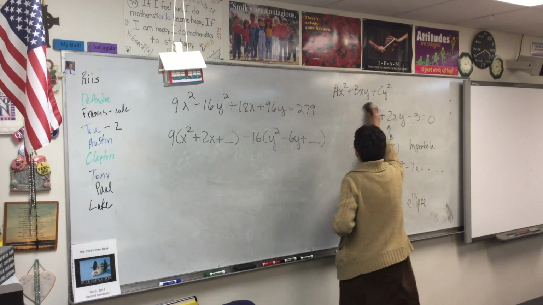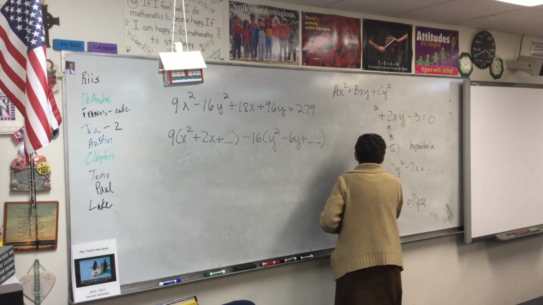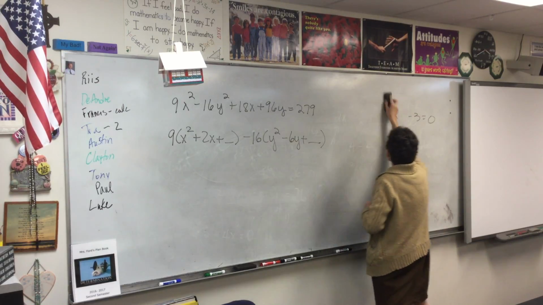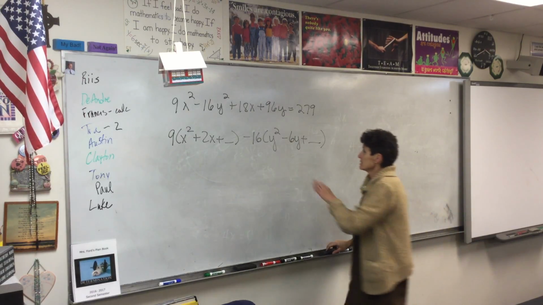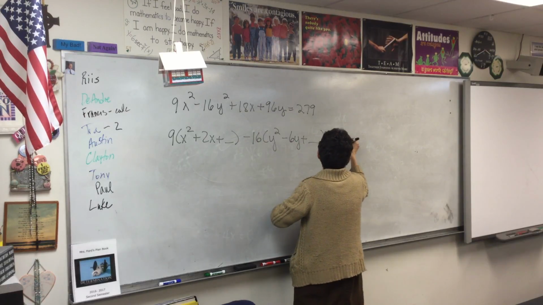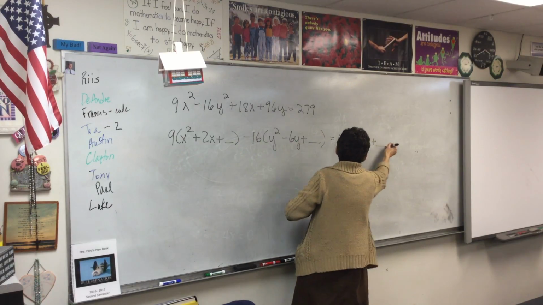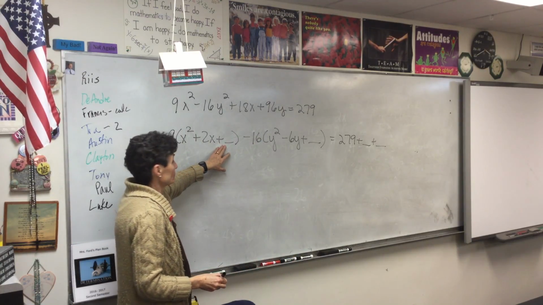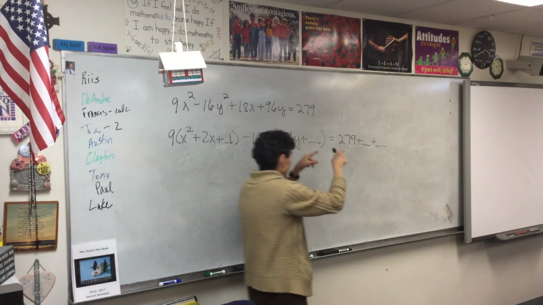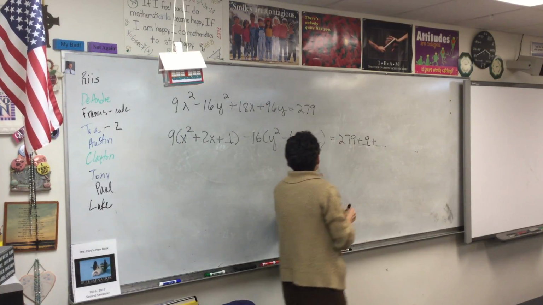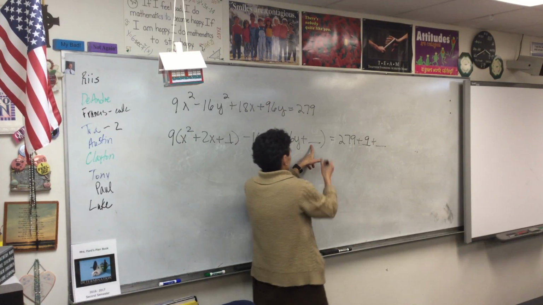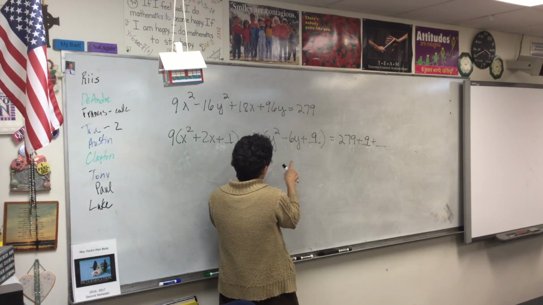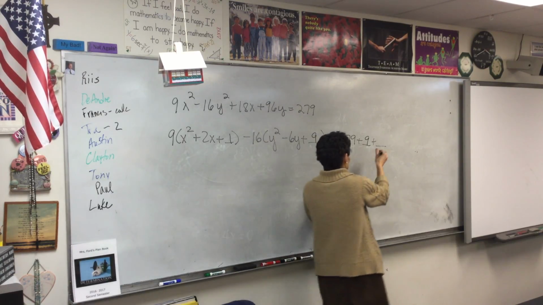And when I say carefully, please do it carefully. You're factoring out a negative 16. So that's going to make that a negative. Here we go. What goes here? 1, which is really a 9. What goes here? 9, which is really a negative 144.